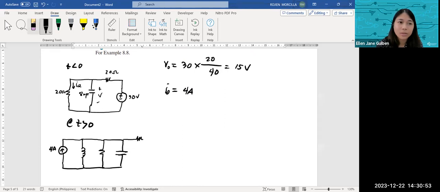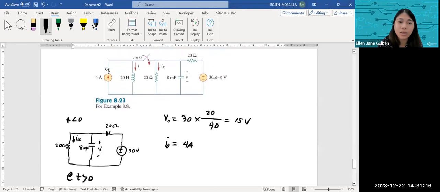Since we don't have a voltage anymore, let's make a parallel 20 ohm, a millifarad, another 20 ohm, and then this one is a 2000.